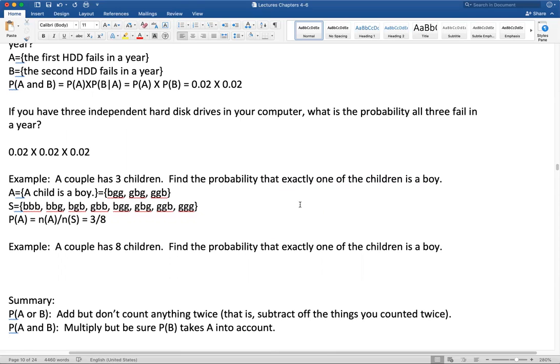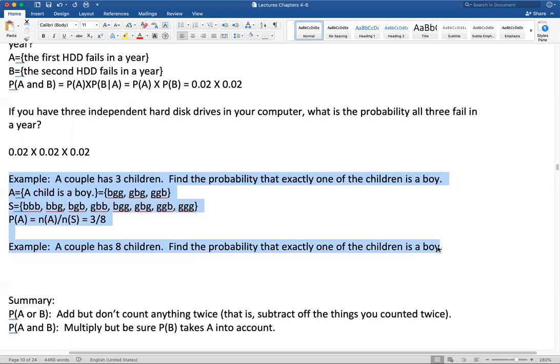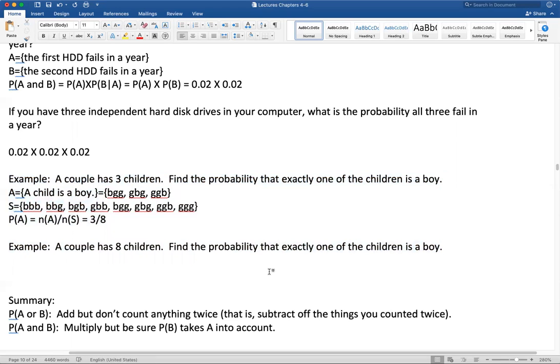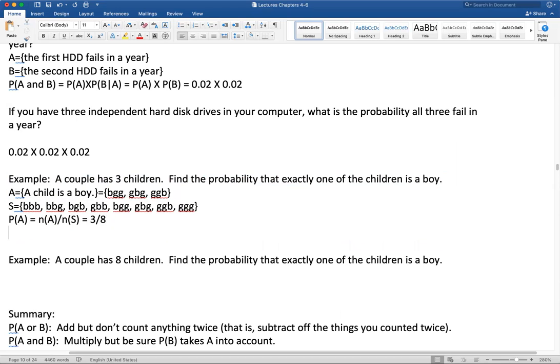So now look at these two problems. You may wonder whether the two examples are related to the multiplication rule. Yes, because before solving the second example, look at this.